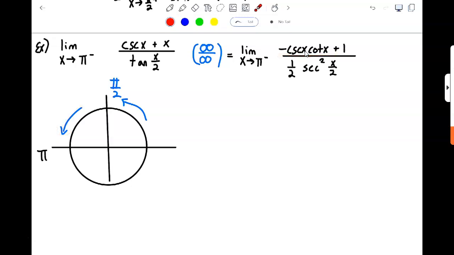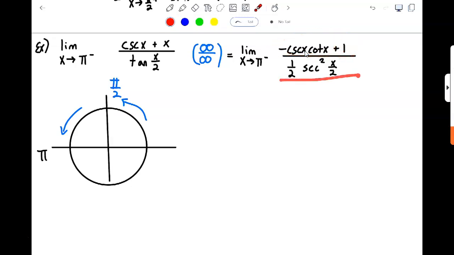Cotangent is cosine over sine. Cosine is approaching negative 1. Sine is approaching 0. So that would be a negative infinity. So we're going to have the negative of infinity times negative infinity. And all that's going to be infinity, and then plus 1's not going to matter.